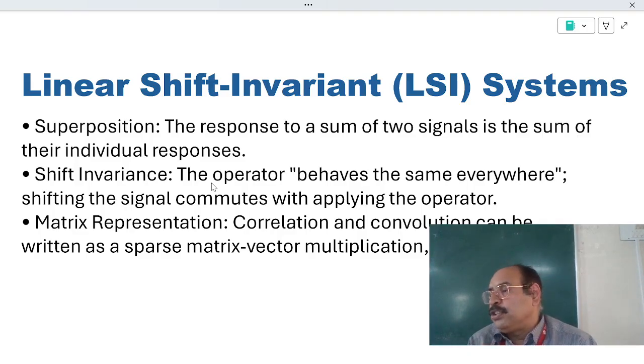Matrix representation, you may get questions based on this. In matrix representation, you have two operations that we have been discussing already. One is called correlation, the other one is called convolution.